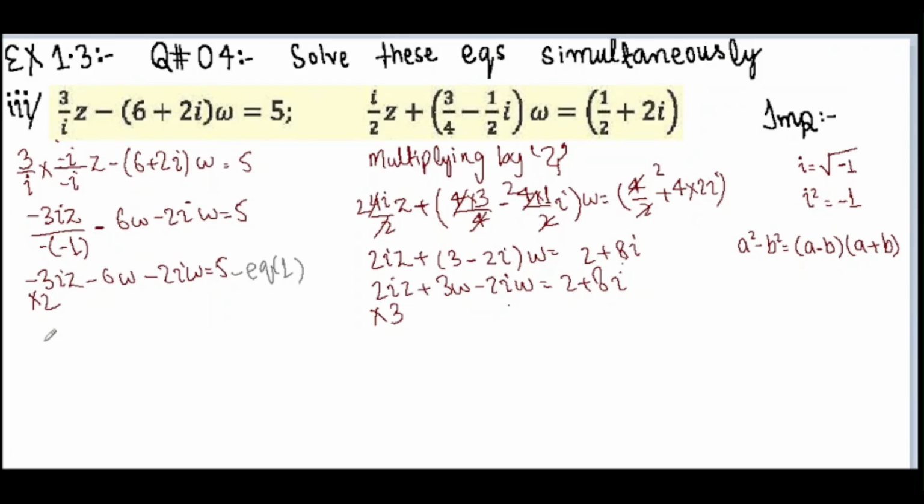Multiplying it with 2, we get minus 6 iota Z minus 12 W minus 4 iota W equals 5 into 2 is 10. And here multiplying all of this equation with 3, we get 6 iota Z plus 3 into 3 is 9W minus 6 iota W equals 6 plus 24 iota. Now we are going to add both these equations. I'm just writing over here.